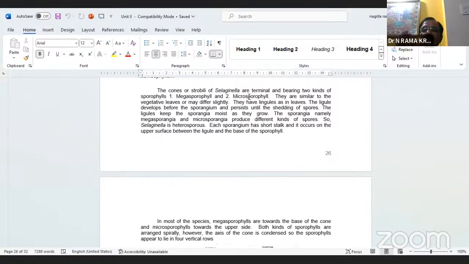This leaf-like structure contains the sporangia. These sporophylls are of two types: one is the megasporophyll and the second one is the microsporophyll.